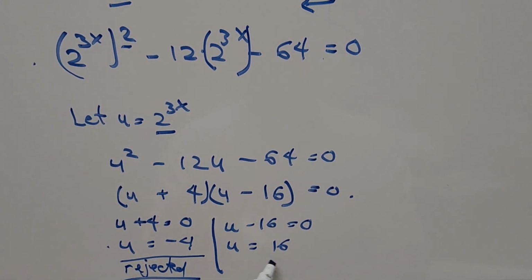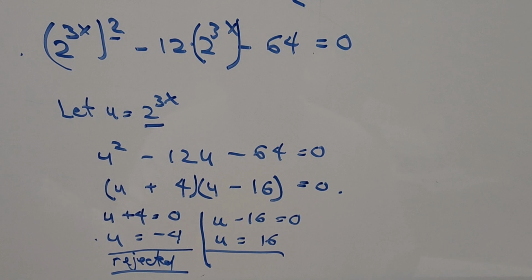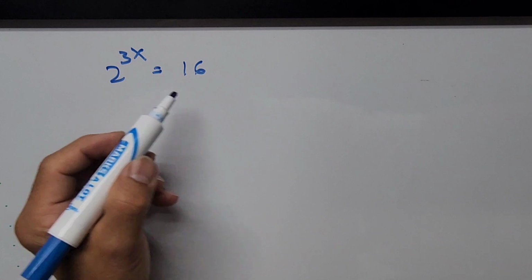So we use the value u equals 16 in place of 2 to the power of 3x. Since we're looking for the real values of x, we take this positive 16. And so we have our equation: 2 to the power of 3x is equal to 16.